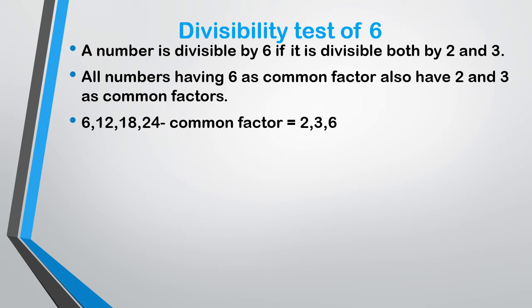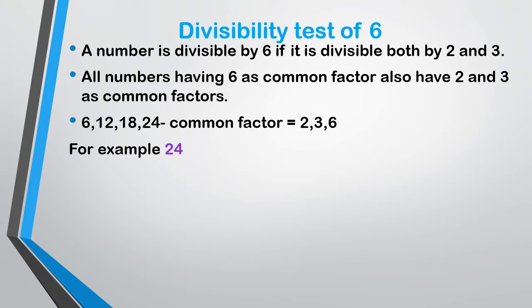So here all the 4 numbers have common factors 2, 3 and 6. So whenever 2 or 3 numbers have a common factor 6, they should have 2 and 3 also as common factors. That is the meaning of the second point.